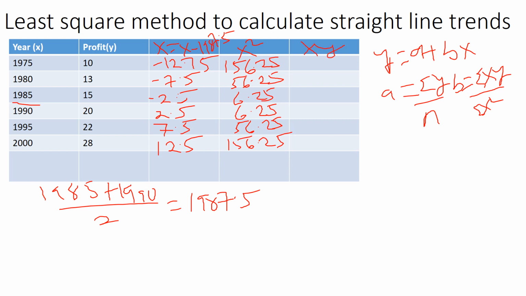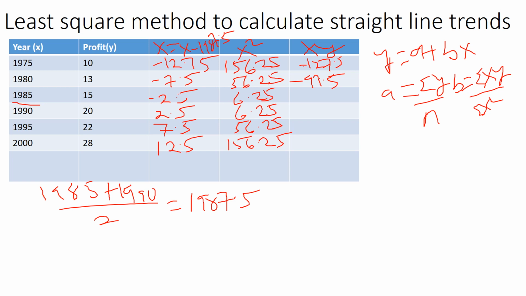So the next thing that we need to get is the column of x multiplied by y, and in the column of x multiplied by y we have negative 12.5 multiplied by y, which was 10, and when we multiply them we get negative 127.5. And then if you multiply 13 multiplied by negative 7.5, we get negative 97.5.